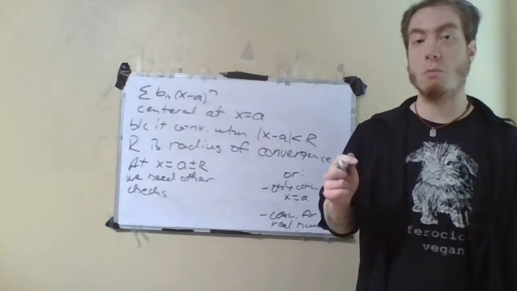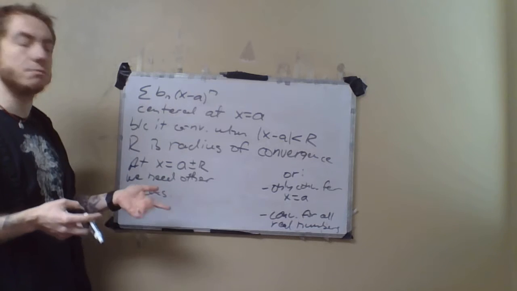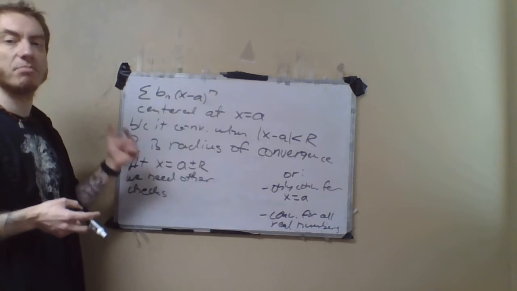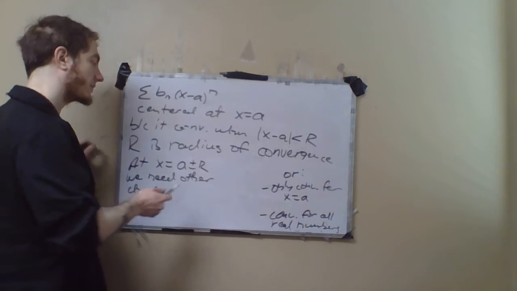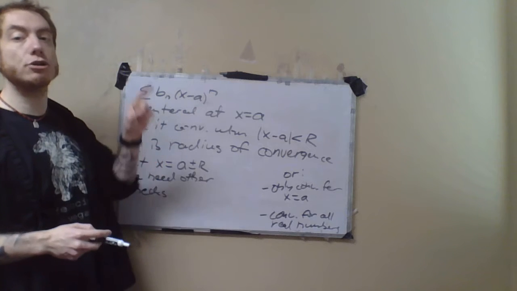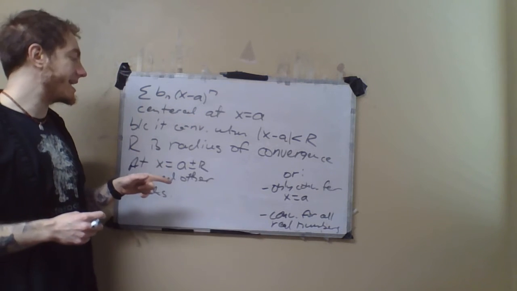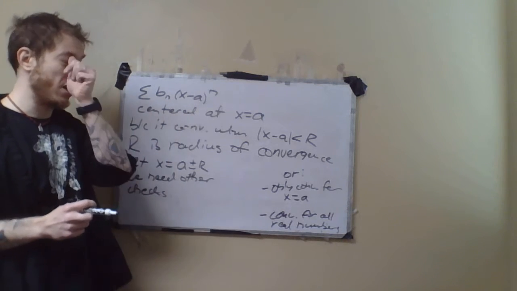So you're just going to have to go back to all the stuff we talked about last week, kind of, and say which of these methods will work if x is actually a plus r, or if x is actually a minus r. And notice, it might converge at one of them, but not the other. So it could converge at, say, a minus r, but not converge at a plus r.